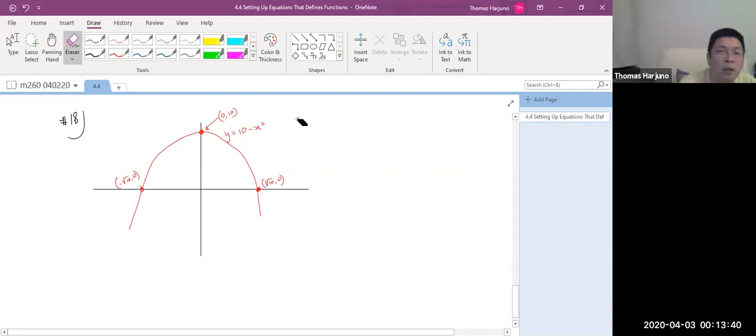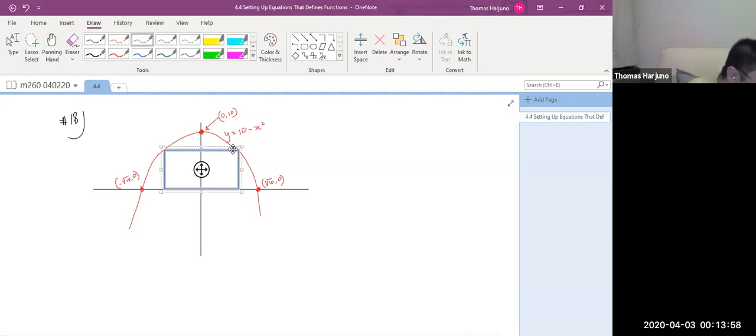Now, we will put the rectangle in there such that the base coincides with the x-axis. Approximately like this maybe, right? Suppose that the coordinates of the upper right vertex of the rectangle are x comma y.